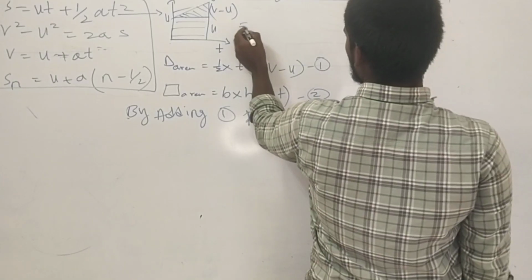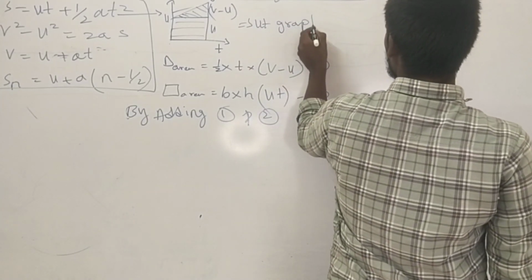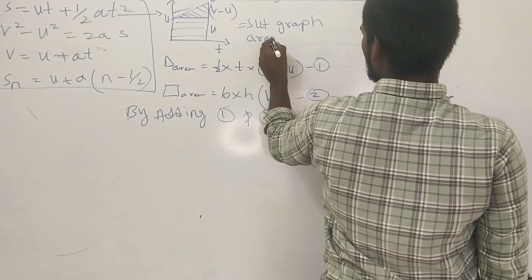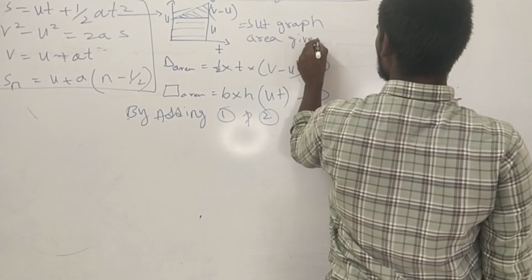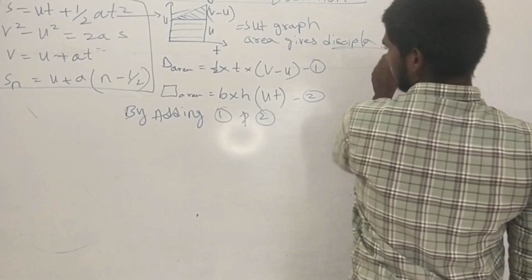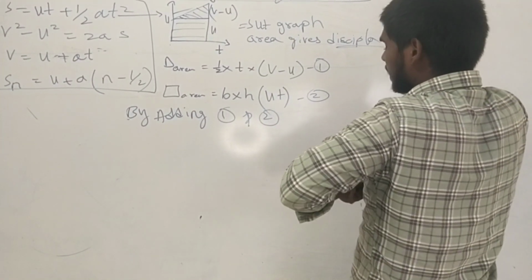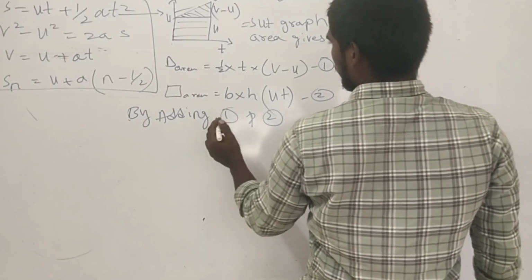The area of the vt graph gives displacement, the total area. If you add these two, we get the total area.